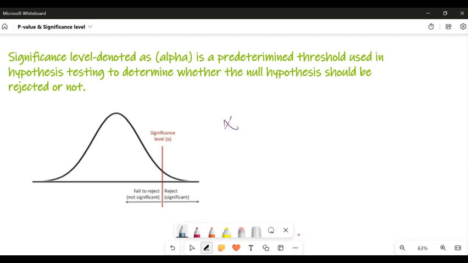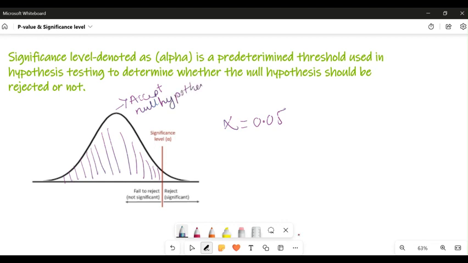Over here you are getting a shaded part. If you set the predetermined threshold as 0.05, for example, and the value falls inside this shaded part, then we accept the null hypothesis.